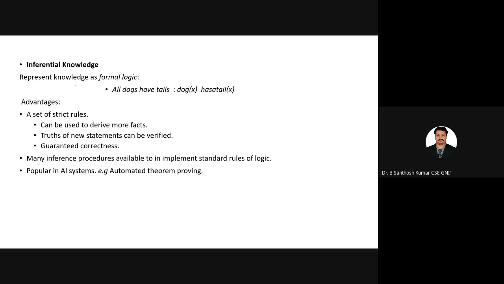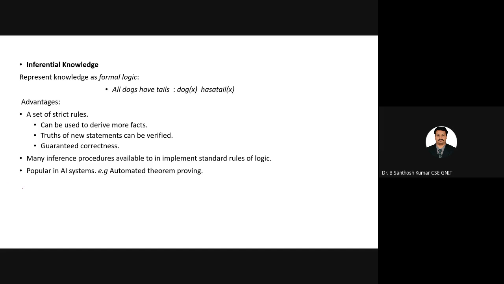The advantages of inferential knowledge: it is a set of strict rules, it can be used to derive more facts, the truth of new statements can be verified, and it gives guaranteed correctness. The next advantage is that many inference procedures are available to implement the standard rules of logic.